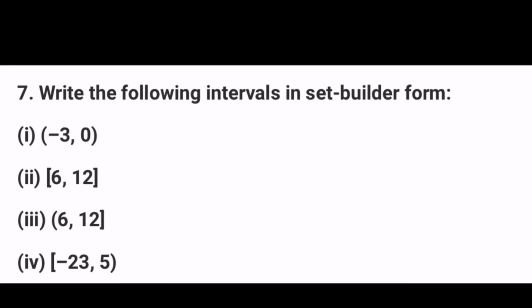This is equal to the set of all x such that x belongs to real numbers and x lies between, because both are open, -3 and 0. You're not having a less than or equal to sign for this. So x lies between -3 and 0, excluding both those numbers.